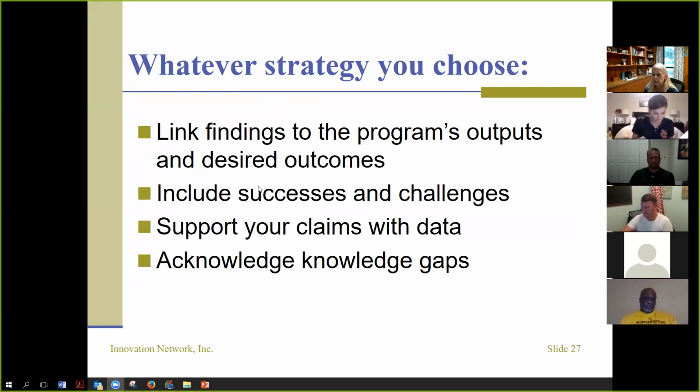So whatever strategy you decide how you want to report this, make sure that it is actually linked to your outcomes, including your successes and challenges. So when I do that one pager, we would do sort of a supplement about here's where we did really well and what we're doing to maintain that. Here are our areas of weakness, and here's what we're doing to improve that. Very important for our community and our parents to know and understand, as well as our students.